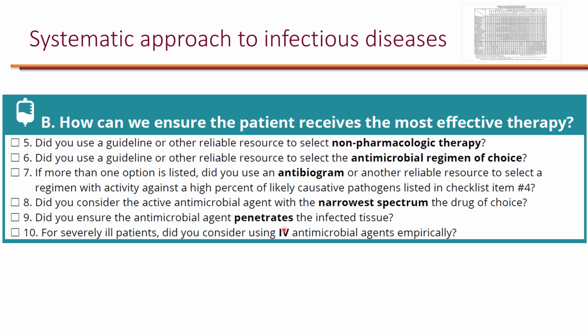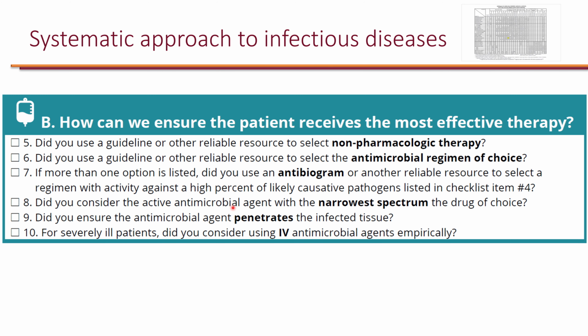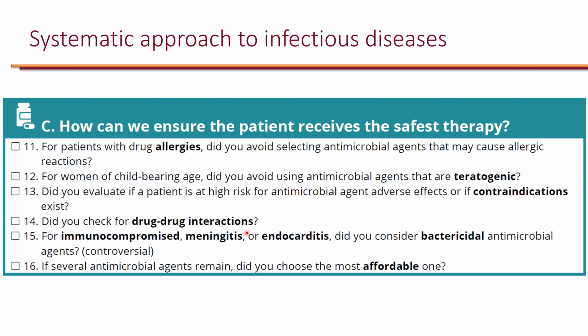So IV is in general initially appropriate, within reason. Again, if you're treating C. diff colitis, an oral route might be a better choice because the infection is inside the intestine, so you have to use these things cautiously. But in general, for most infections, IV is initially appropriate for severely ill patients.